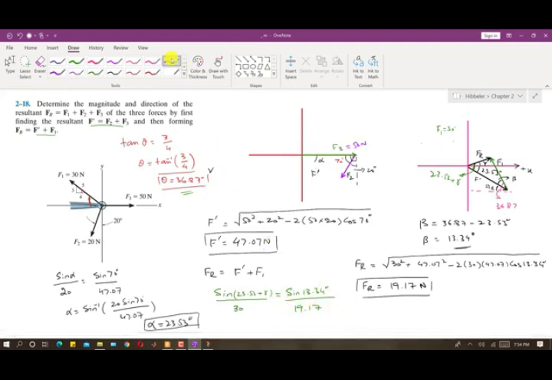So 23.53 plus gamma will be equal to sine inverse of 30 sine of 13.34 degrees divided by 19.17.